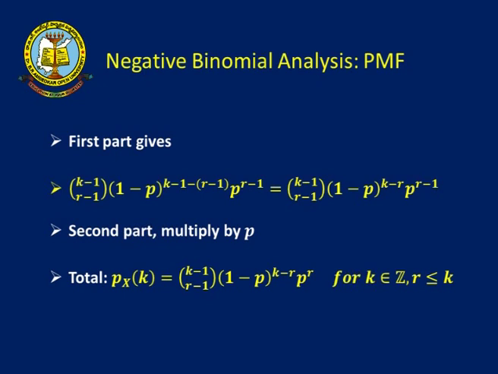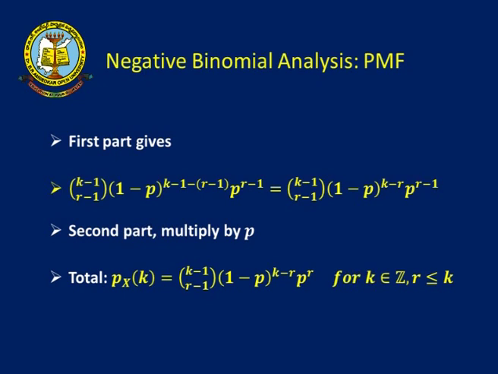What is the PMF? We know X is equal to k. In k minus 1 trials, r minus 1 must be successes. Why? Because we have multiple trials, one should be a success, that means r minus 1 must be successes here, and trial k must be a success here. This part is like a binomial. In this, P of Y equals r minus 1, where Y is binomial, that is we write k minus 1 comma p.